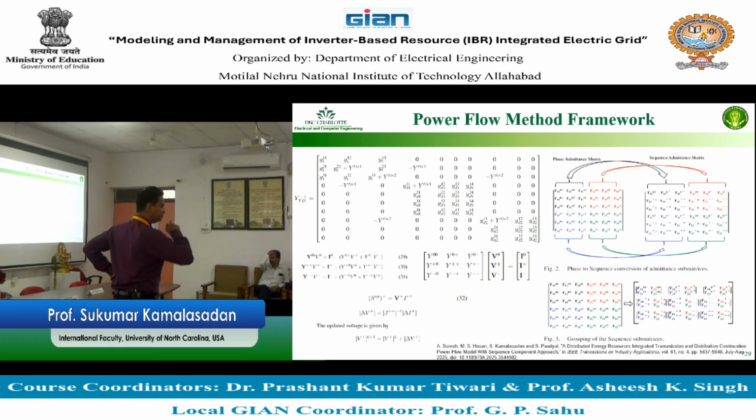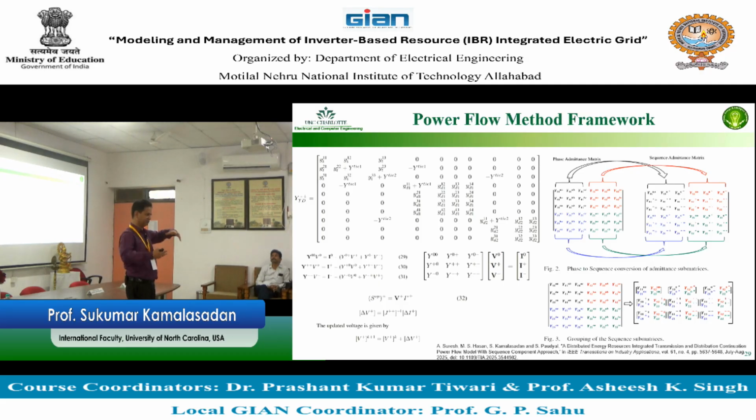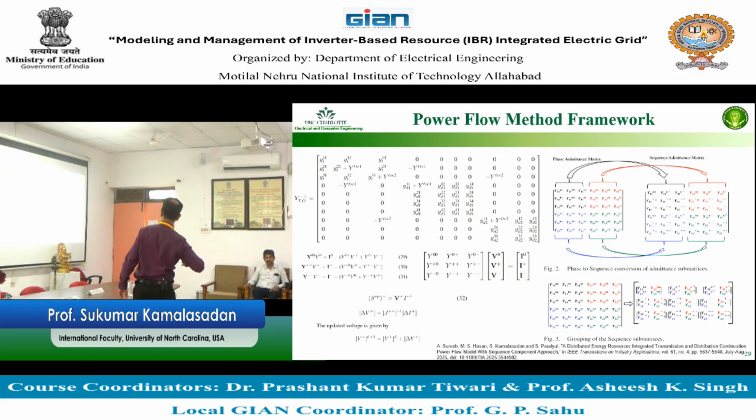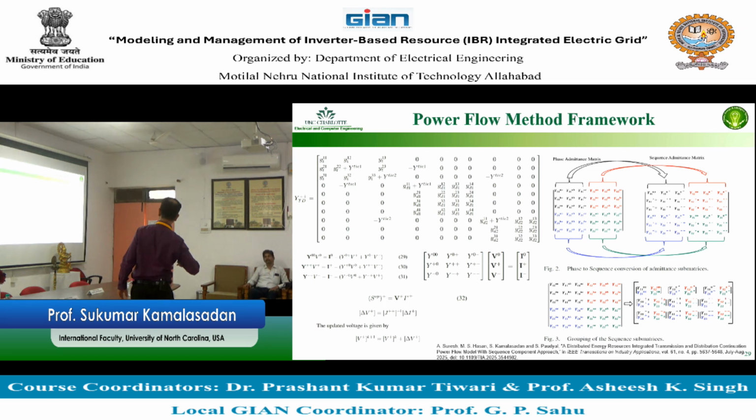By the way, you understand that, right? If you want to run in a sequence representation for a distribution network, you have to convert the phase representation of the distribution network to the sequence representation. Otherwise, you cannot run. So the phase to sequence conversion is not a big deal. There are phase to sequence converters, but the point here is that you take the phase admittance matrix and convert it into the sequence admittance matrix.